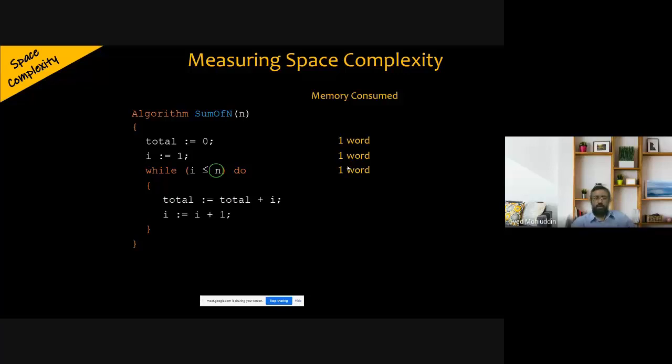So 2 local variables, total and I, occupy 1 word each. Then n is the parameter which is going to occupy 1 word. And no other variables are defined. So the total taken by the variable part, SP, is 3 words, which is also constant, also called constant time.